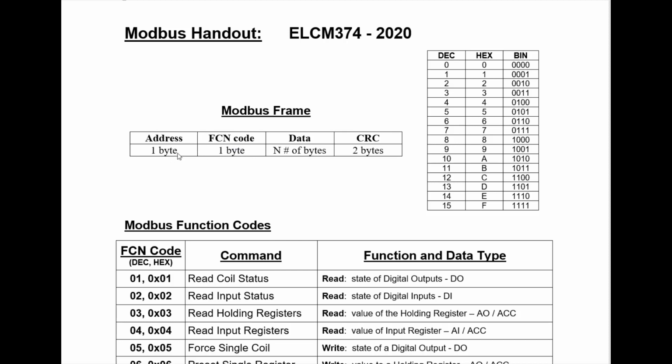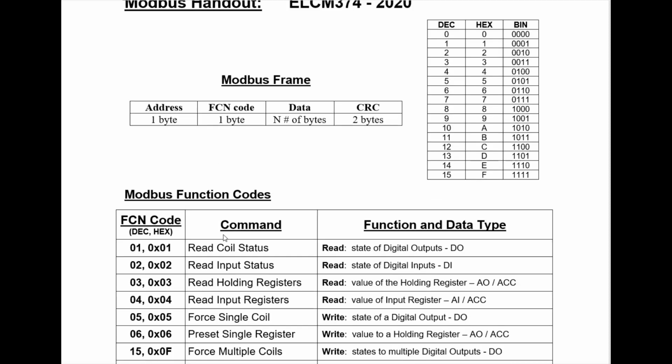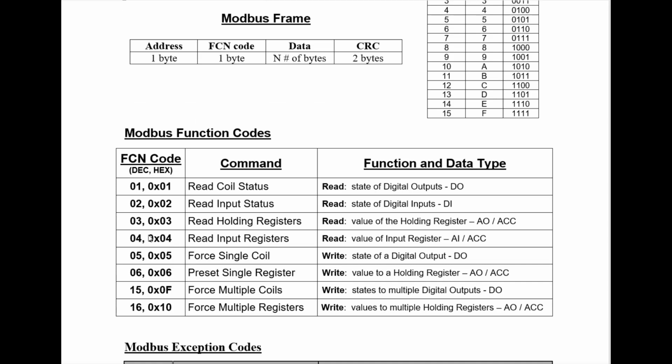The first byte, of course, we know is the address. That's the unique slave identifier or server number. And those go from 1 to 247, with address 0 being a broadcast and address 248 through 255 being reserved addresses.